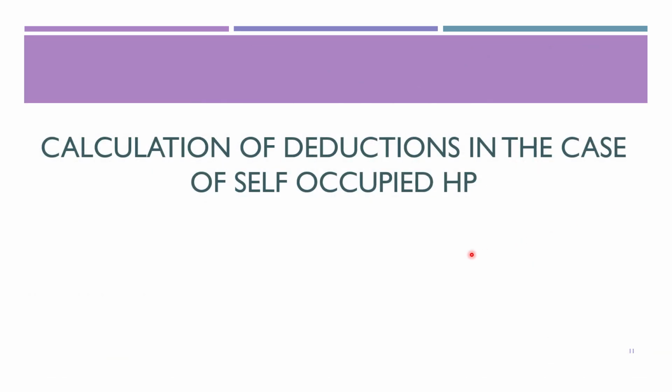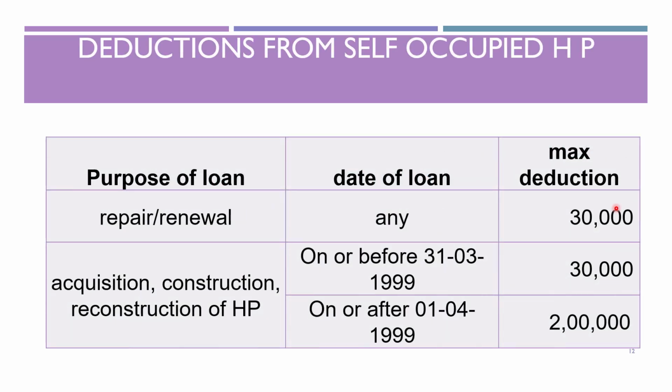Now we will discuss what are the deductions from self-occupied property. The only deduction we can claim is interest on construction or repair or renewal, including pre-construction interest.